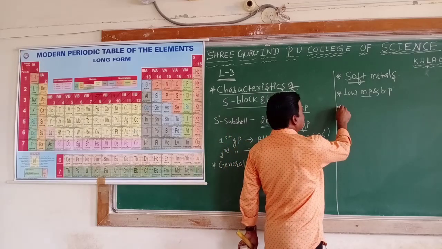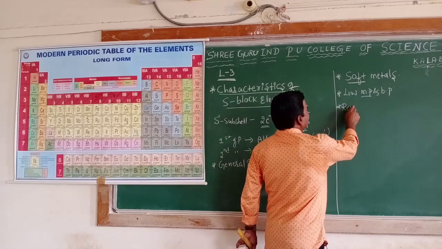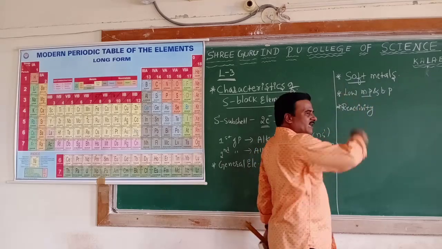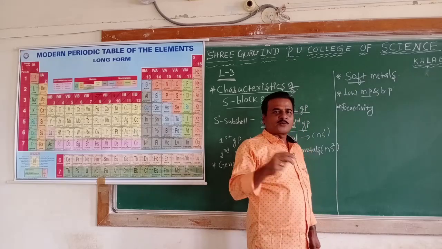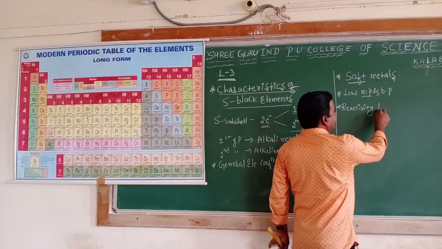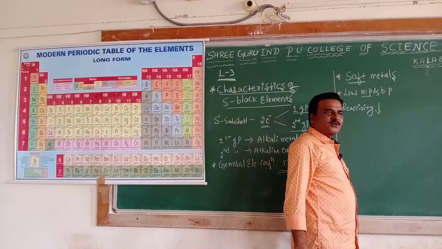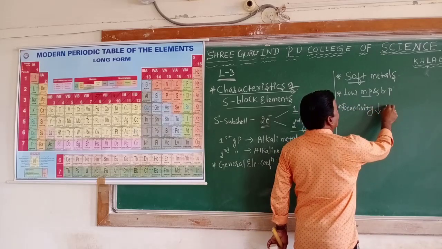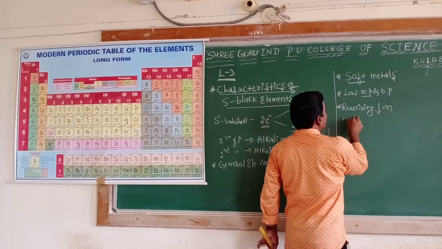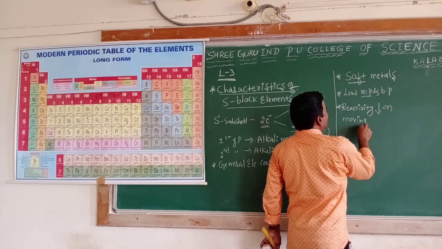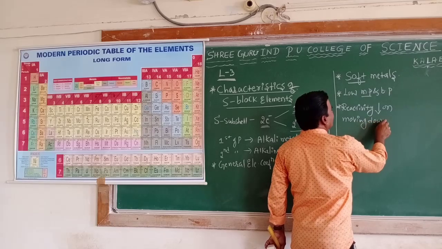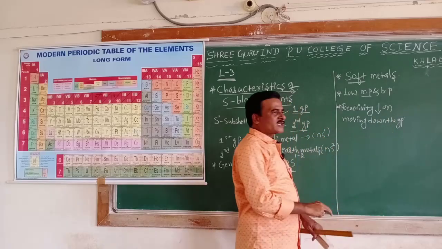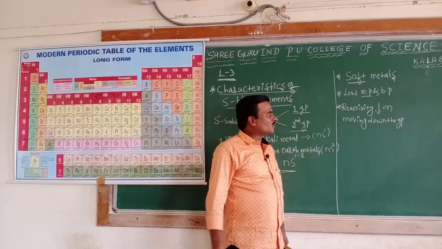Coming to the next point, the reactivity of the elements in group 1 and group 2, the S block elements, decreases on moving down the group.